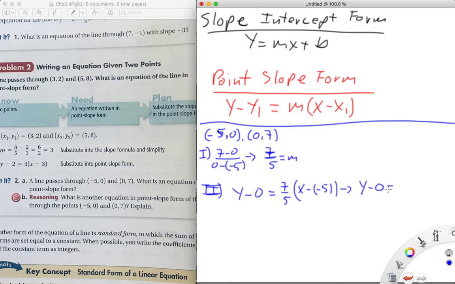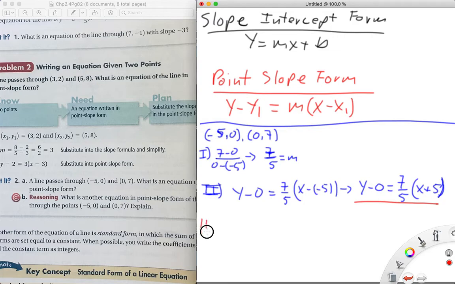It's nice to keep the minus 0. That's one version. So that's one equation right there.